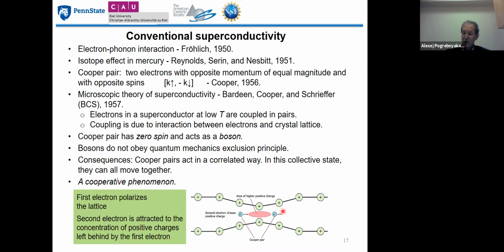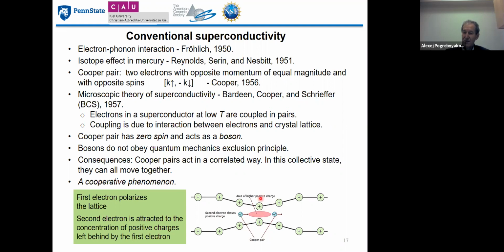This electron attracts these ions, and so it polarizes the lattice. The next electron that moves after this feels that there is an increased positive charge. And so that's how the second electron is attracted to the first electron via this lattice polarization.